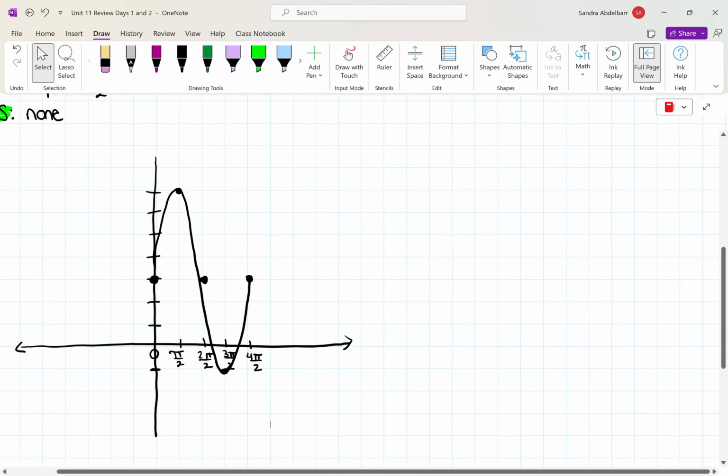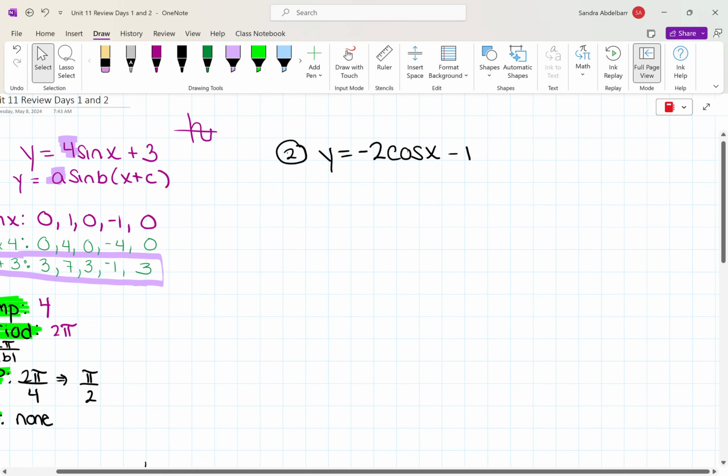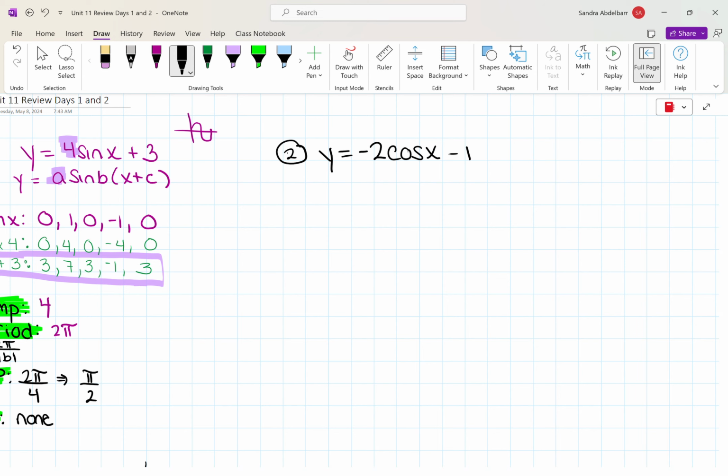All right, let's go through this. So back to this one. For this, because there's no parentheses, you don't see any pi within the parentheses with x. This is just straightforward. And we know cosine looks something like that. So I'm going to take my cosine of x, and I'm going to remember that my key y coordinates are going to be 1, 0, -1, 0, 1.